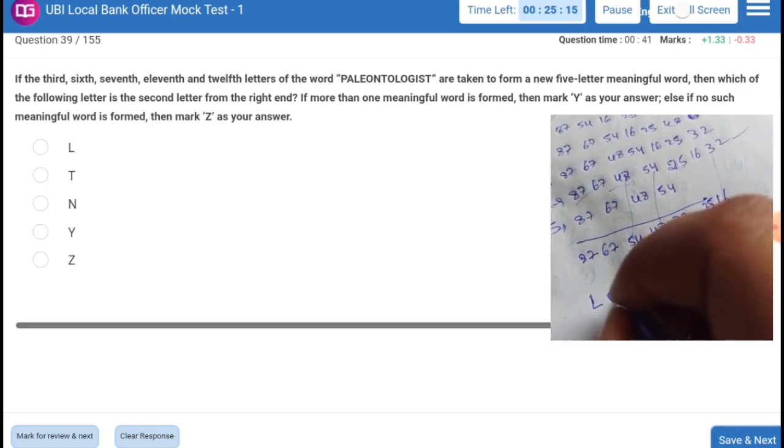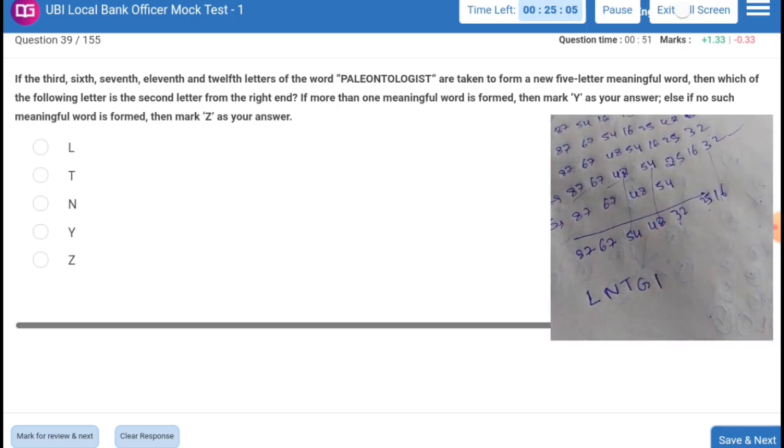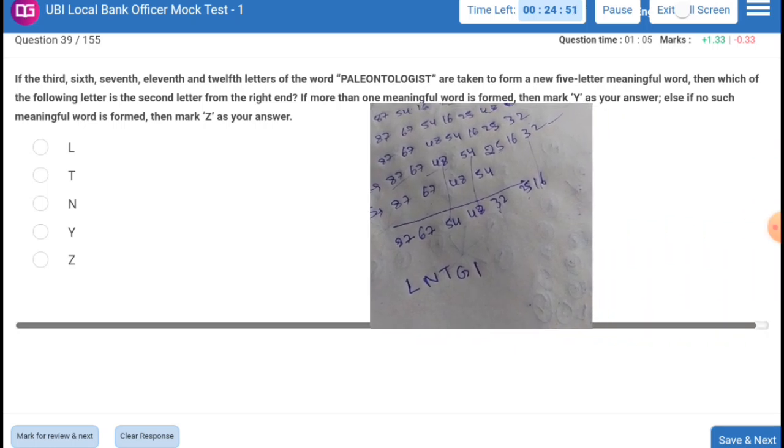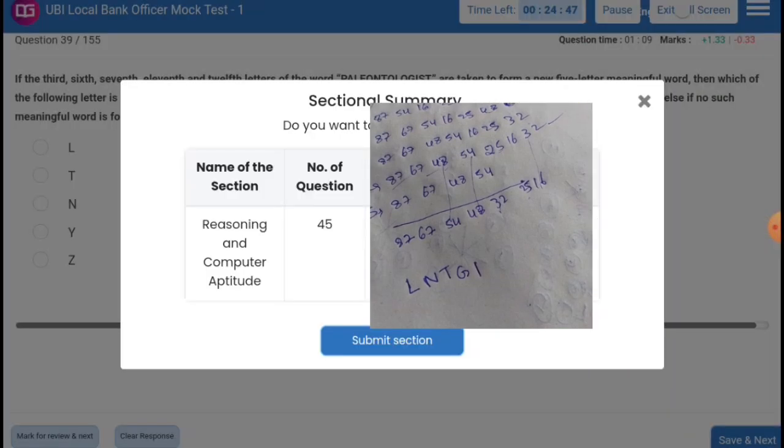Third, sixth, 7th, 11, 12th. So I have doubt on this. So submit this section.